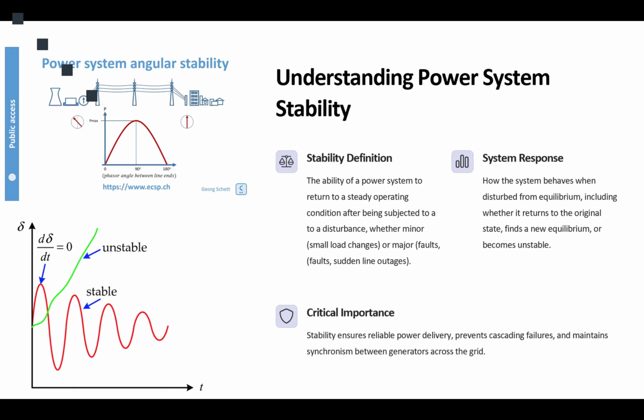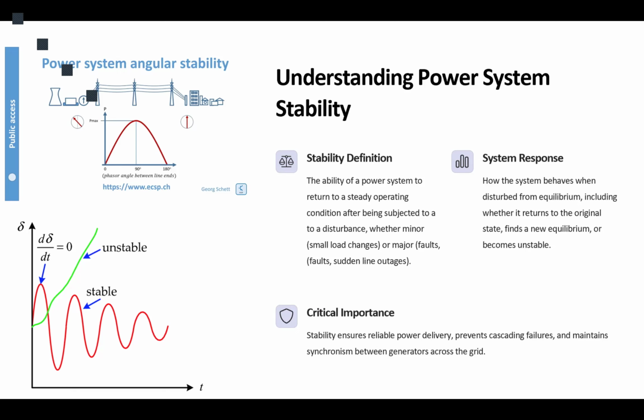Another generator would get damaged or cease the power injection into the system. Okay, they are going to break the connection, the protection system, and it's like a cascading failure in the system.